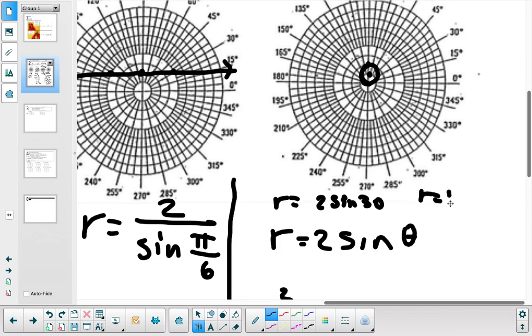So r should be 1 in this case. So 1, 30, which looks like my big fat line could count that. Same thing with 150. Looks like it's close. So close is good enough for me in this case.